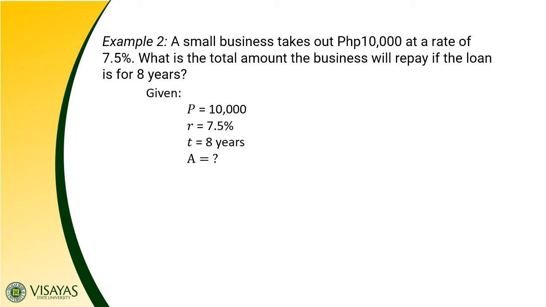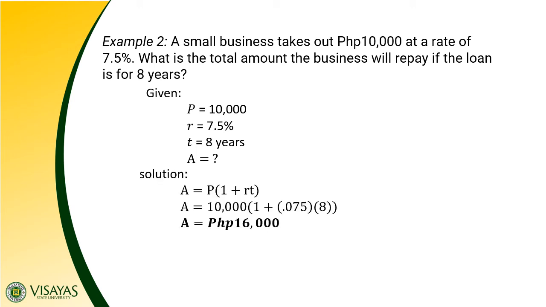The given in the problem, we have the principal amount 10,000, the interest rate 7.5%, the time is 8 years, at yung unknown natin is yung A or yung future value. Magkano ba lahat-lahat yung babayaran niya after 8 years? Kung yung 10,000 pesos is may interest siya na 7.5%.